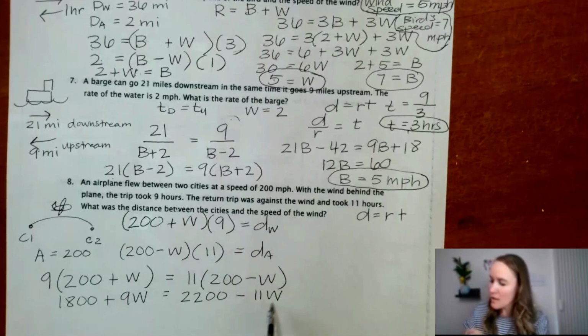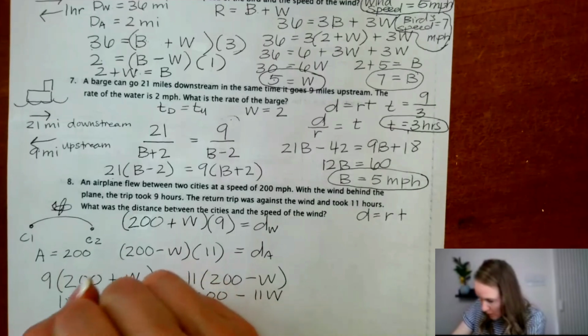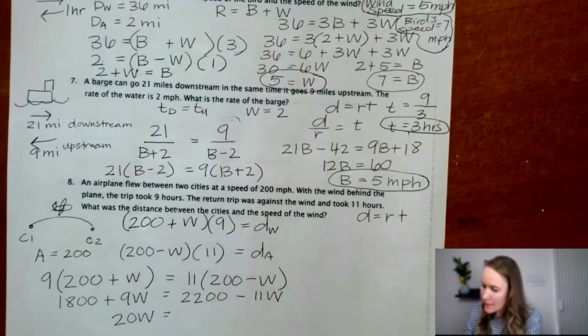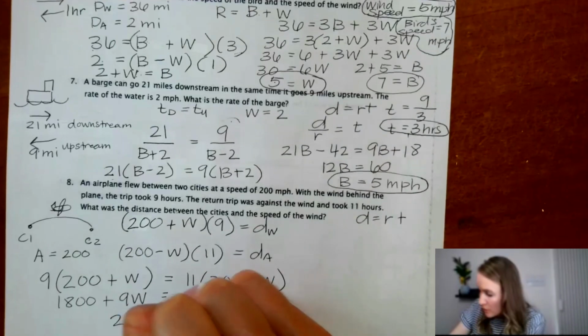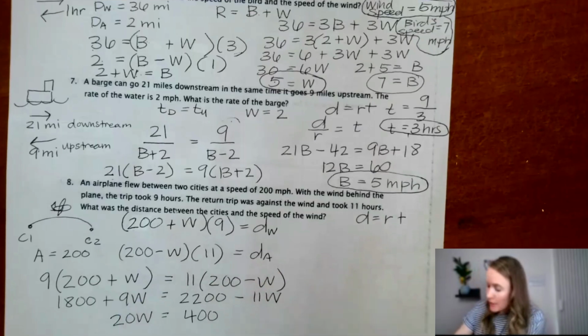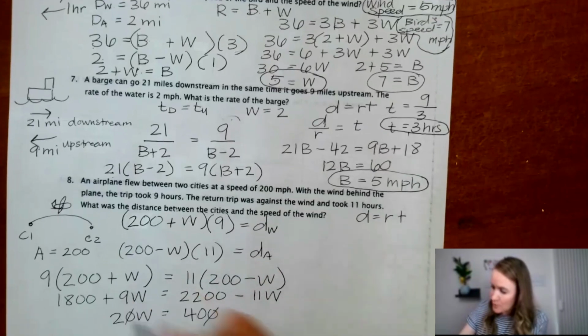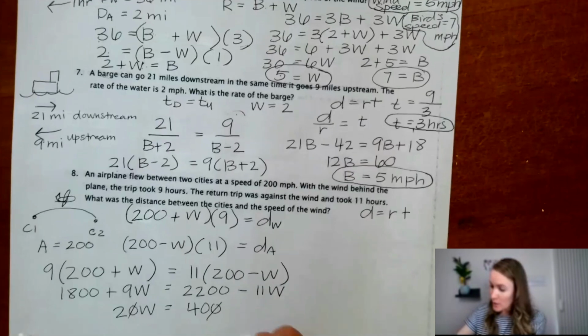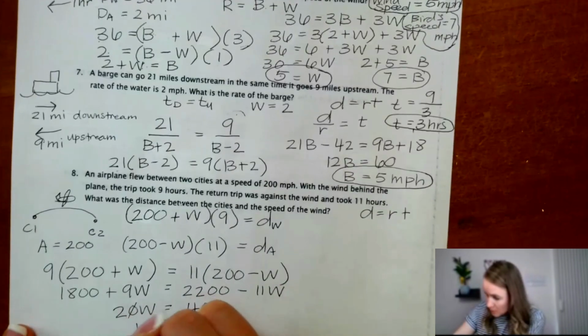So plus 11 equals 20W. Then subtracting 18, 22 subtract 18 is 4. So I've got 400. Cross out the zeros, divide by 10 on both sides, and then divide by 2. 40 divided by 2 is 20. So W equals 20.